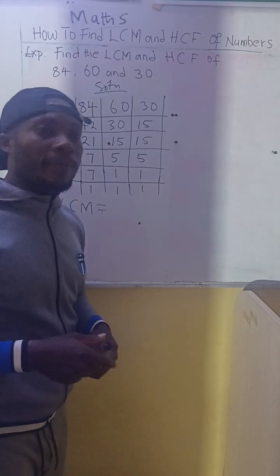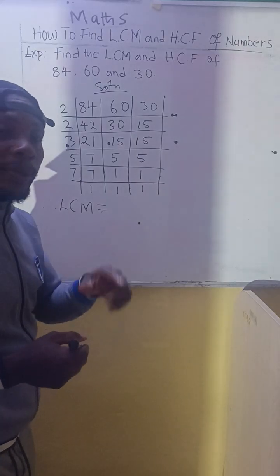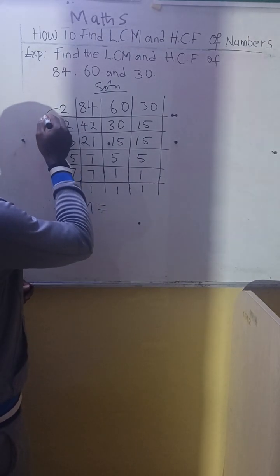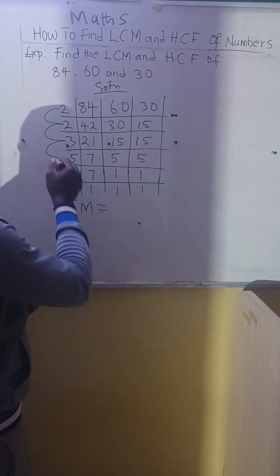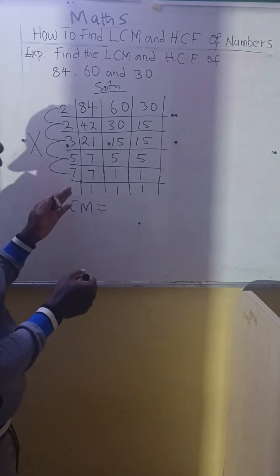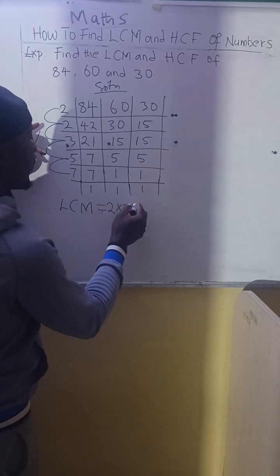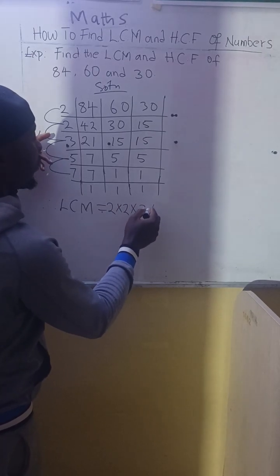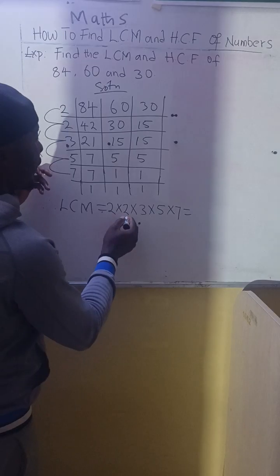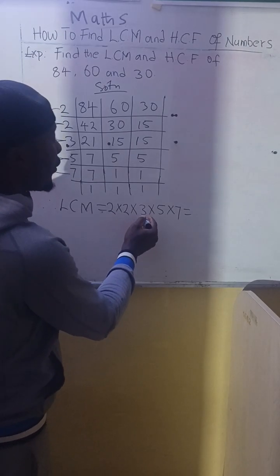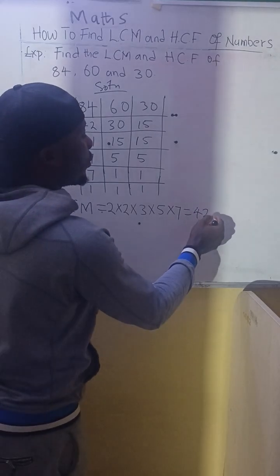If you want to find the LCM using this pattern, you are going to pick all the numbers outside the column and multiply them. So this is 2 times 2 times 3 times 5 and times 7. 2 times 2 is 4, times 3 is 12, times 5 is 60. 60 times 7 is 420.